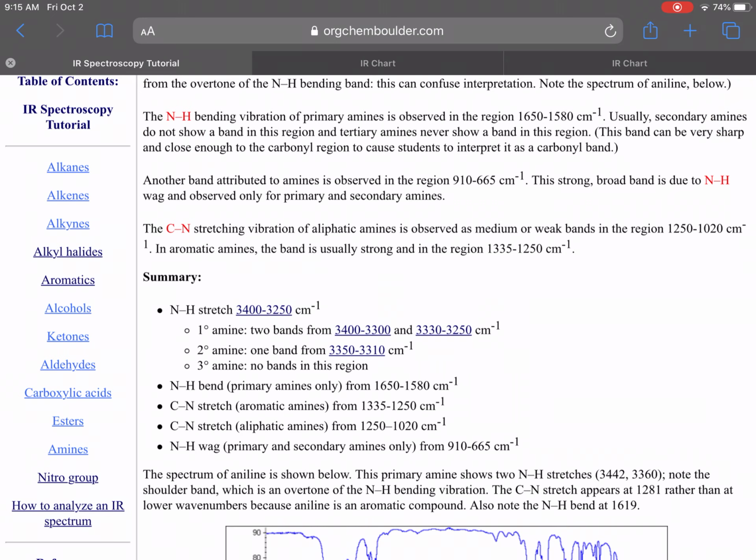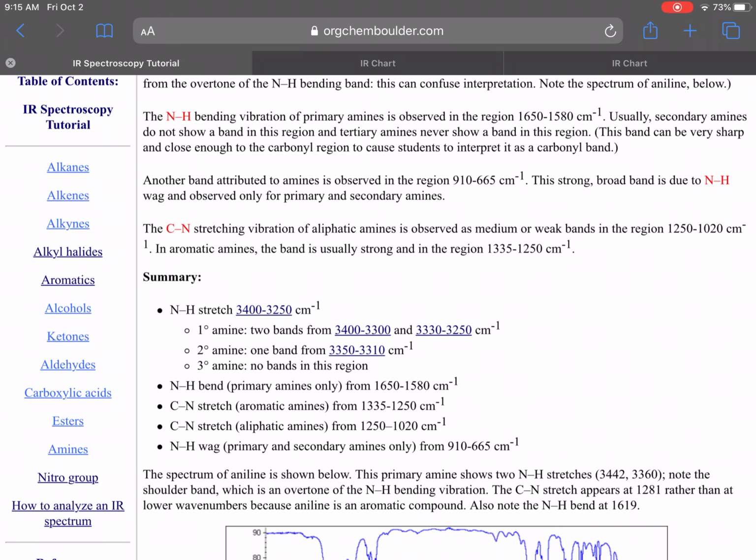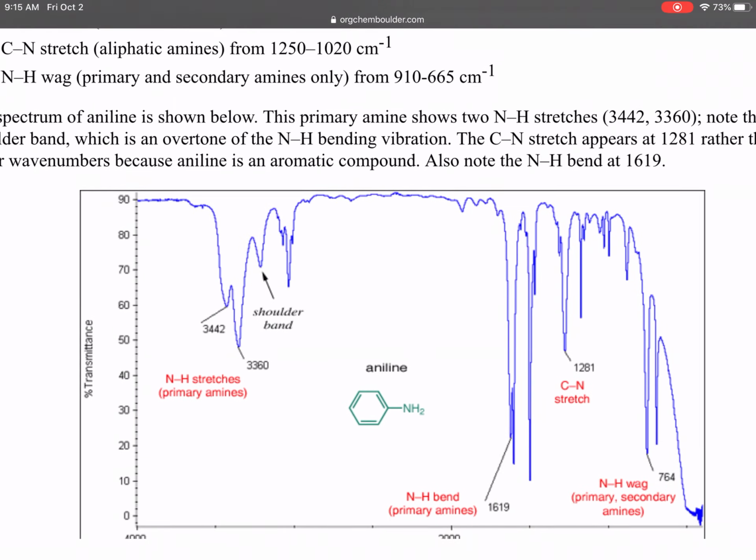The NH stretch is going to be the most important thing. You'll notice almost everything else is in the fingerprint region, including the CN stretch. So unfortunately, the CN stretch is not going to be very reliable to look at. The only other really useful one is found in primary amines only, and that's an NH bend. It's our first bend that we see that's important, from about 1650 to 1680.